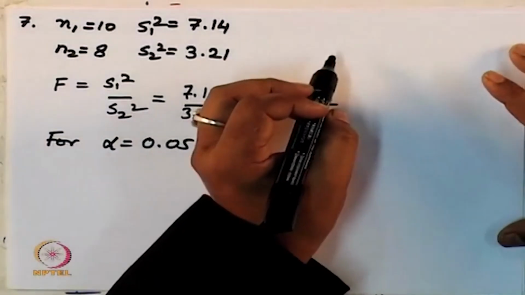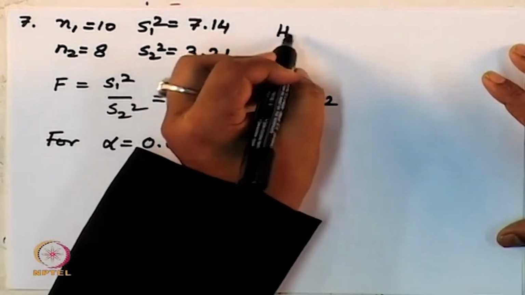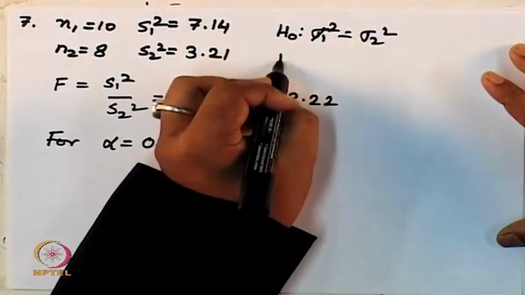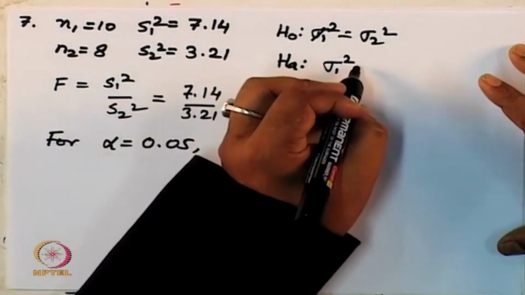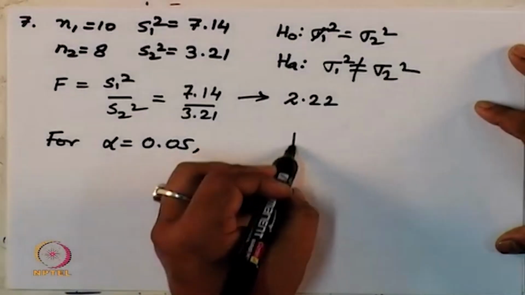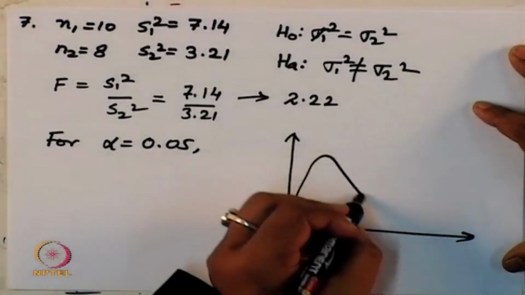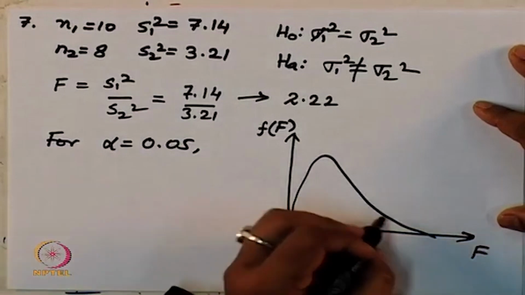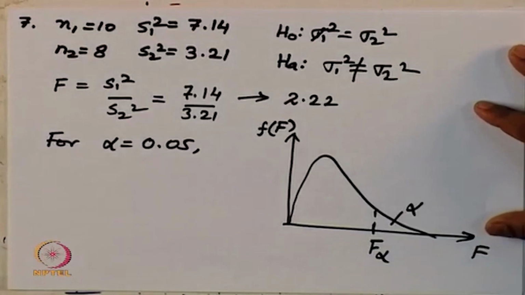Now, for significance level alpha equal to 0.05. If my hypothesis, so my h naught is sigma 1 square equal to sigma 2 square, and h a is sigma 1 square not equal to sigma 2 square, then what I have to do, for this curve, I find out alpha and the corresponding value of f of alpha.